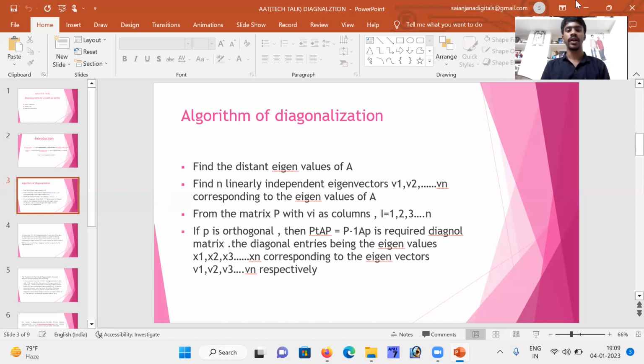The diagonal entries are the eigenvalues x1, x2, x3, and so on up to xn, corresponding to the eigenvectors v1, v2, v3, and so on up to vn respectively. This is the algorithm of diagonalization.